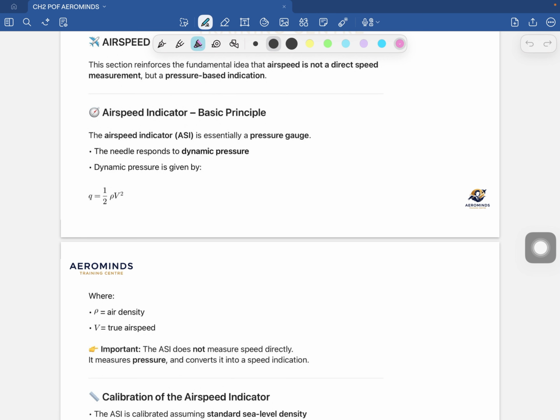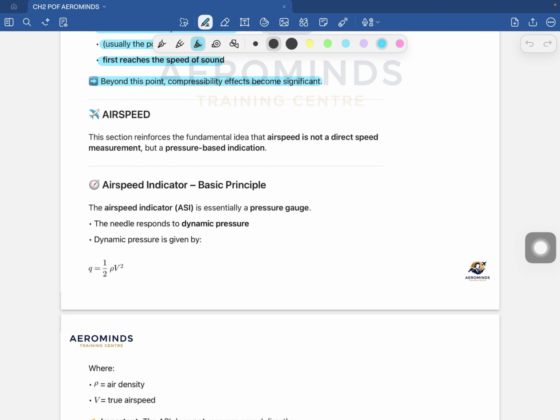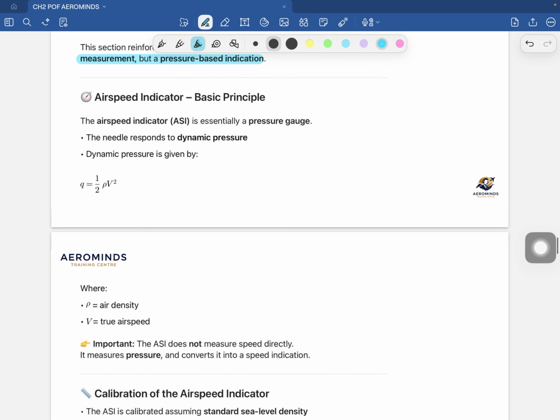This section reinforces the fundamental idea that airspeed is not a direct speed measurement, it is a pressure-based indication. Now comes the airspeed indicator's basic principle.